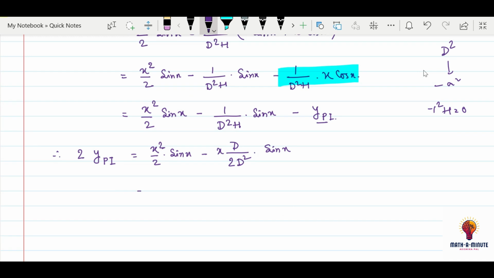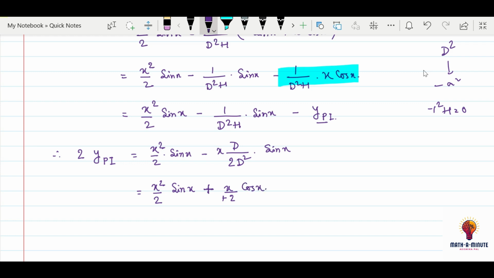In the next step, we can write x square by 2 sin x minus x divided by minus 2, because if I replace D square by minus a square it will be minus, so we can write plus x by 2 D of sin x. And we know that the derivative of sin x is cos x, so directly we can write cos x.